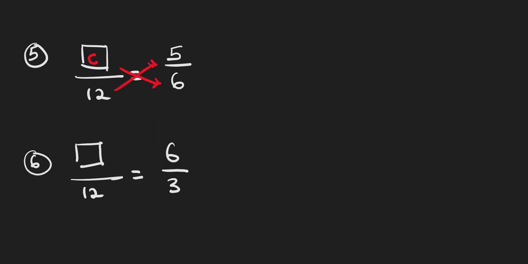We're going to have 6 times c is going to be 12 times 5. So 6c is equal to 12 times 5, which is 60.